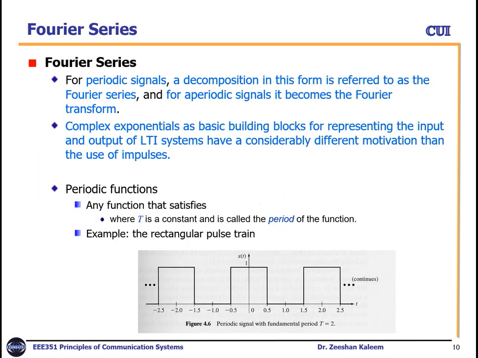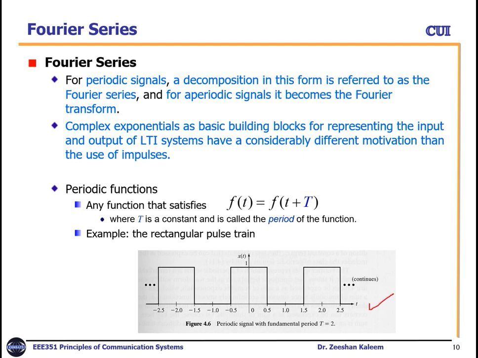Okay, let's move to the Fourier series. You studied it many times, but there is a brief introduction here to review the Fourier series. The basic concept is that for periodic signals, we usually use the term Fourier series. What the Fourier series does is convert time domain signals. For example, this is a time domain signal.